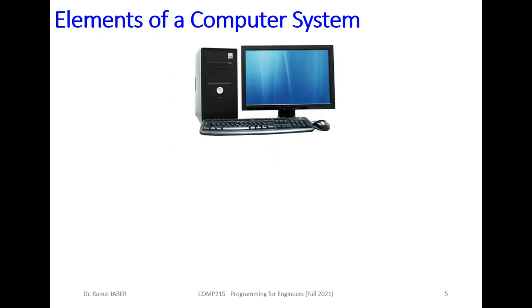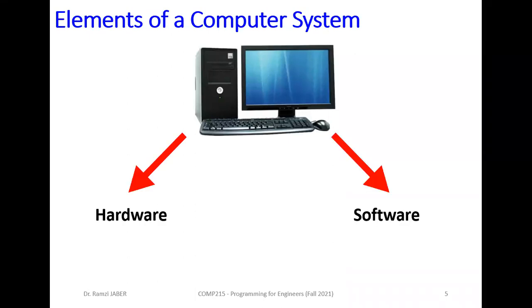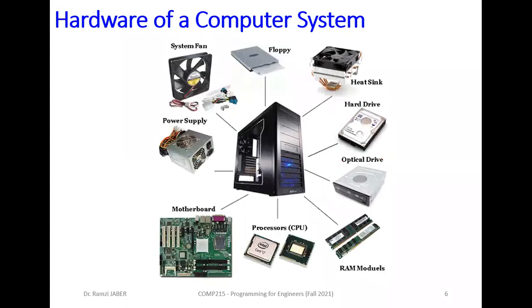As a fast review about elements of a computer system, maybe you took this in Programming 1. Elements of a computer system are divided into two parts, hardware and software. As you know, the hardware part has many components, starting with the motherboard.